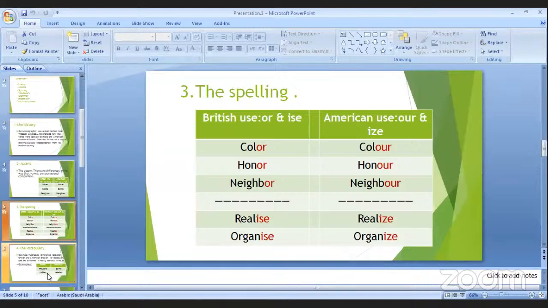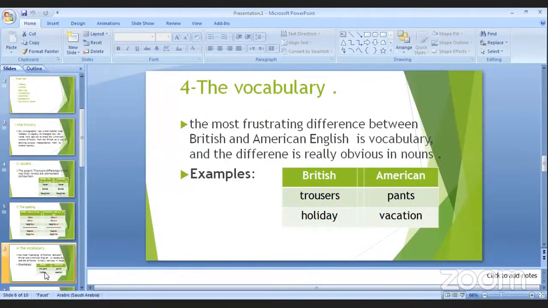Number three, the vocabulary. The most frustrating difference between British English and American English is vocabulary. And the difference is really obvious in nouns. For example, in British English, trousers, holiday, but in American English, pants, vacation.